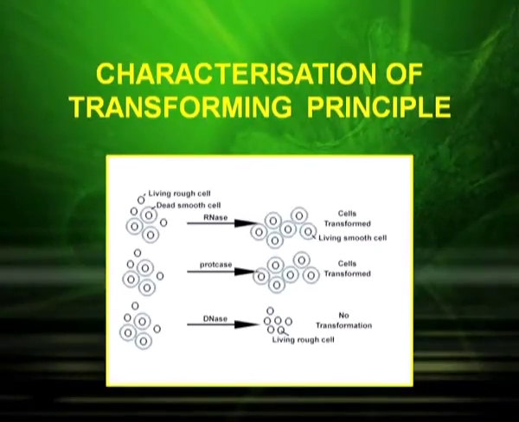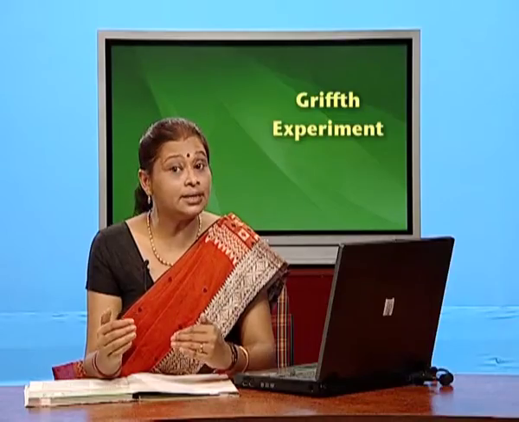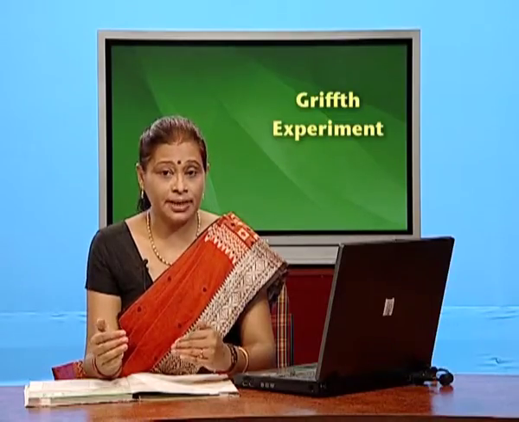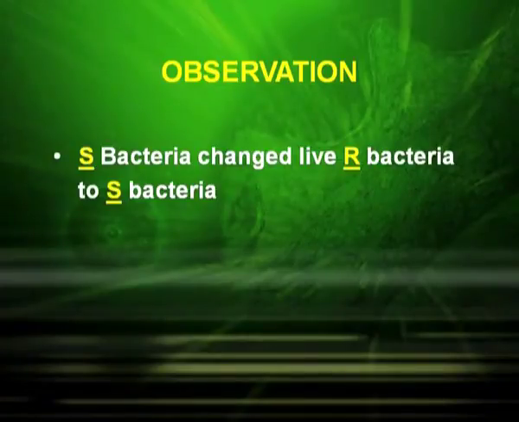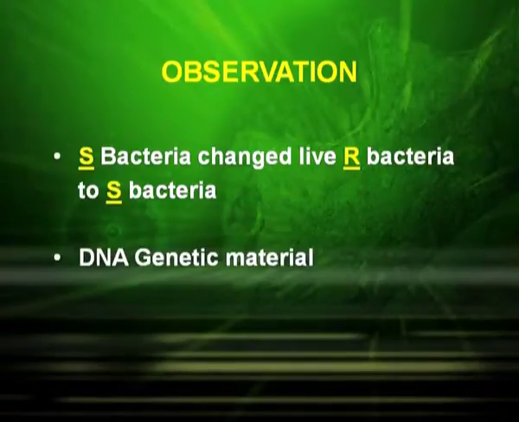On the other hand, proteases and RNases did not affect the transformation. So, that clearly proves that DNA is the genetic material. Their observation was that S bacteria changed live R bacteria to S bacteria, and so the mice died. And that was the characterization by the scientists that DNA is the genetic material.